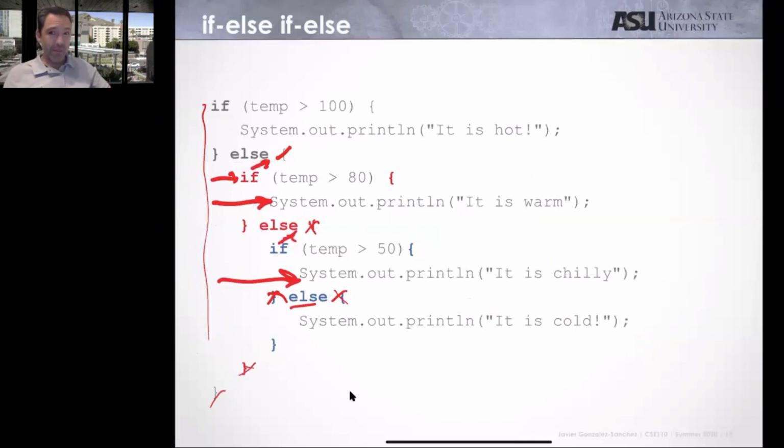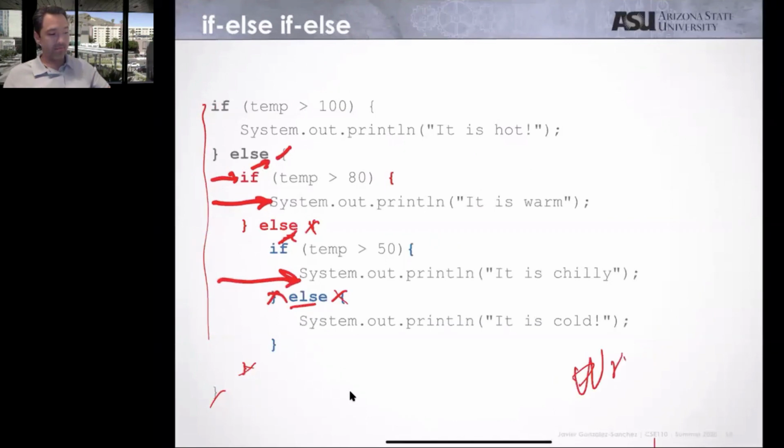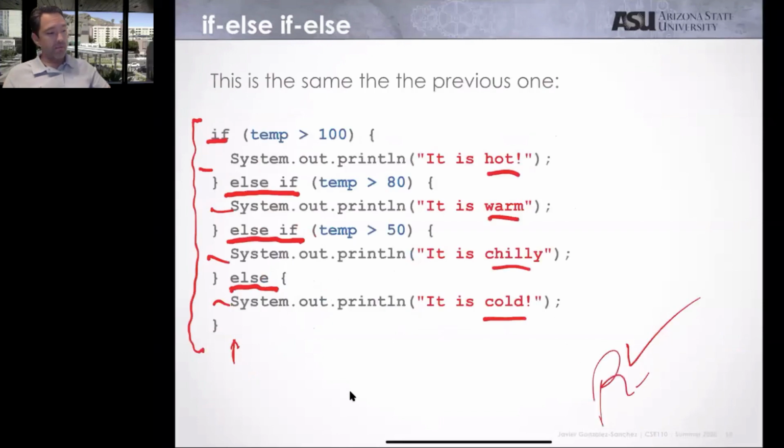So from the point of view of the programmer, the person that is writing, this one could be easier. From the point of view of the reader, I prefer this one. But it's your choice. Whatever option you want to use, the only thing here is curly brackets.